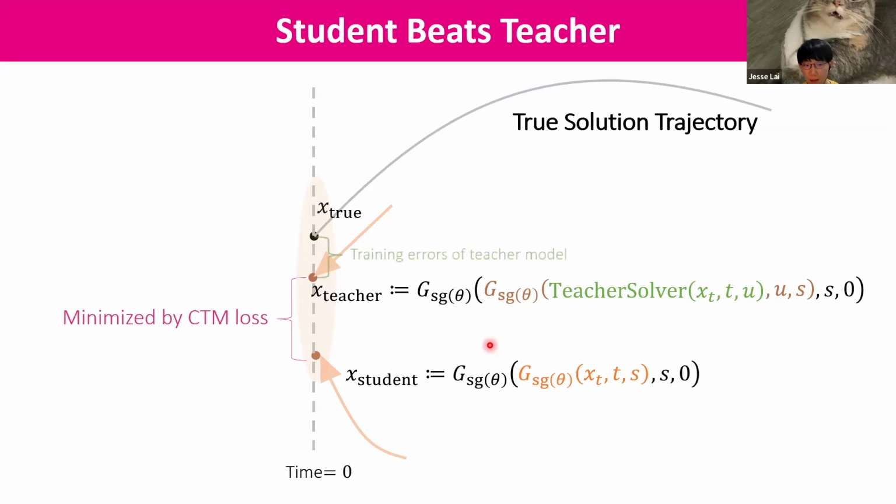However, no matter how well the pre-trained model is, there are definitely some errors between the true score and the teacher. So there is a gap between the ground truth data and the teacher regression target.